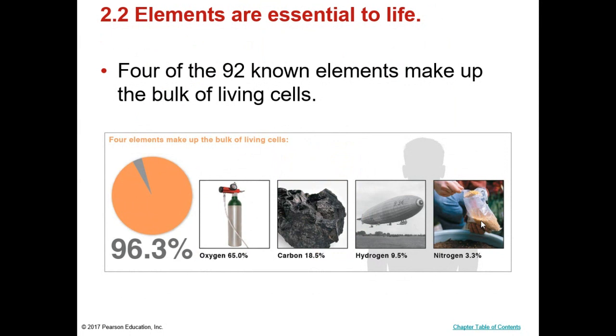We have at least 4 of those elements that are very important for life. They're crucial for life. Those 4 are oxygen, carbon, hydrogen, and nitrogen. Yes, oxygen, you breathe it in, and that's important, absolutely. But it also becomes part of molecules.